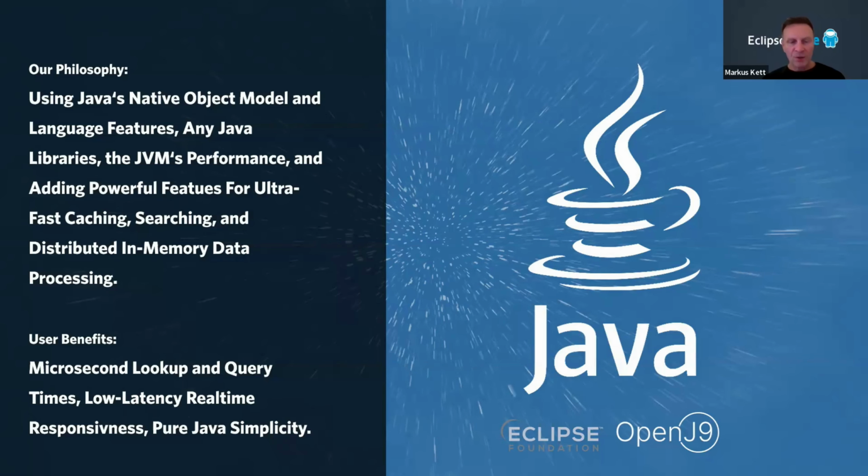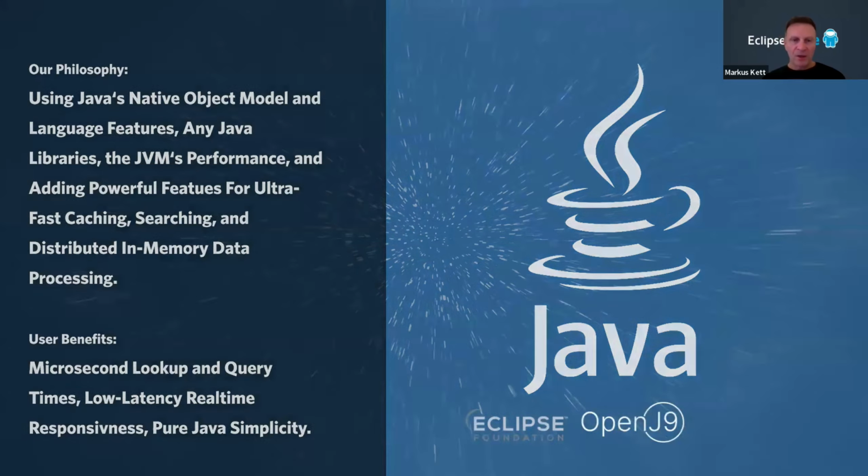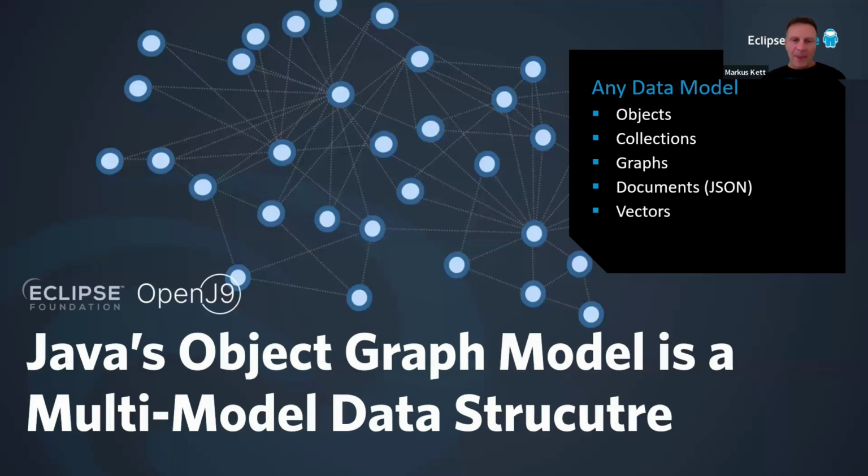So let's use the performance of Java. And with Java, we have a great data structure. We have objects. We can build object graphs. So we can define our object and our data model freely. You cannot use just lists. You can deal with collections.